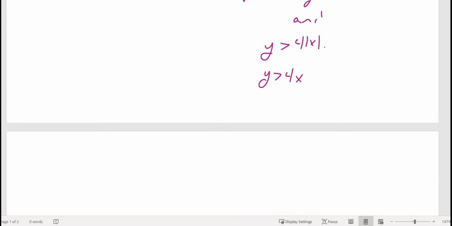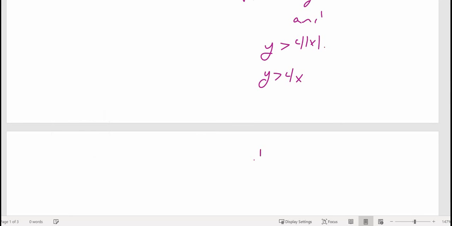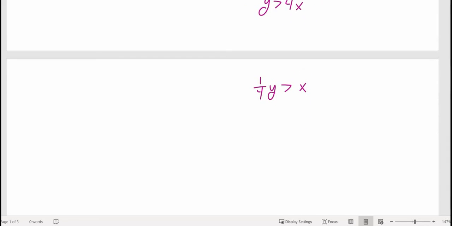Now, with that equation in mind, 1/4 y has to be greater than x. If we know that's true, then 1 minus 1/4 y has to be less than 1 minus x.